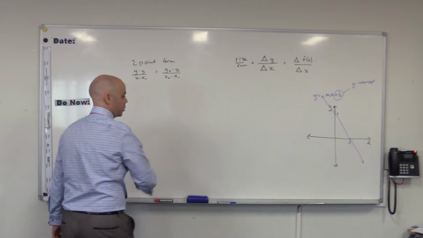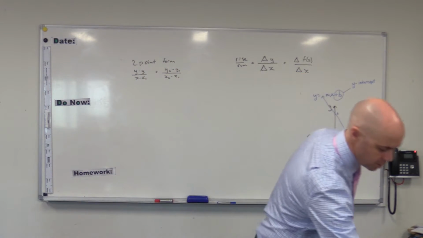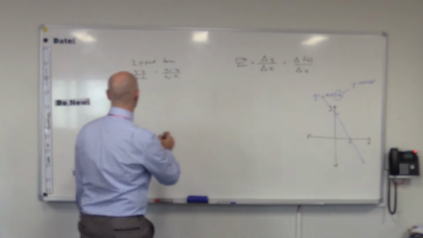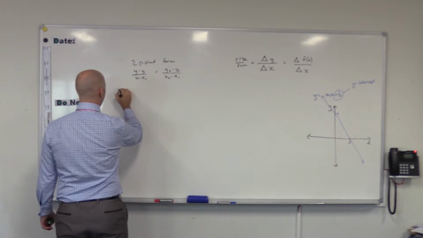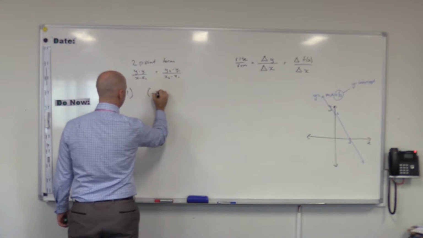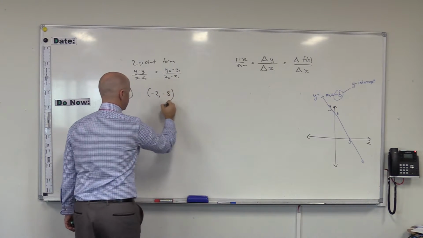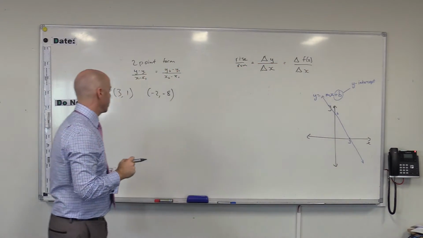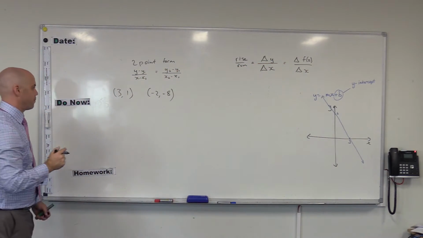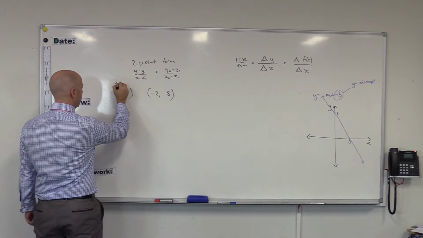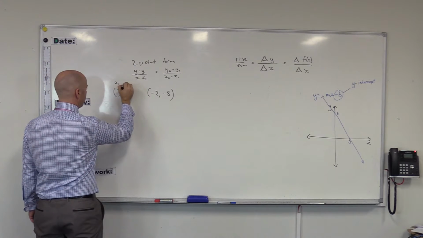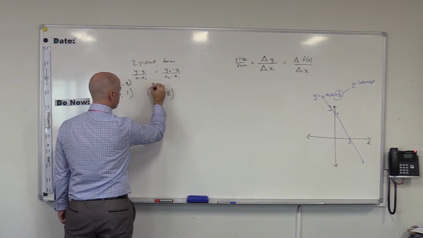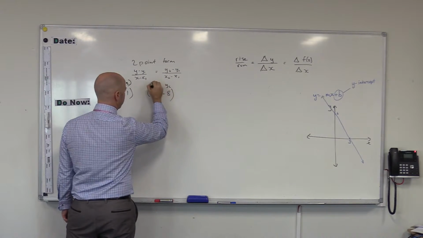And so we have two points. My example here was the points 3, 1 and negative 2, negative 8. So it's going to be x1, y1, x2, y2.